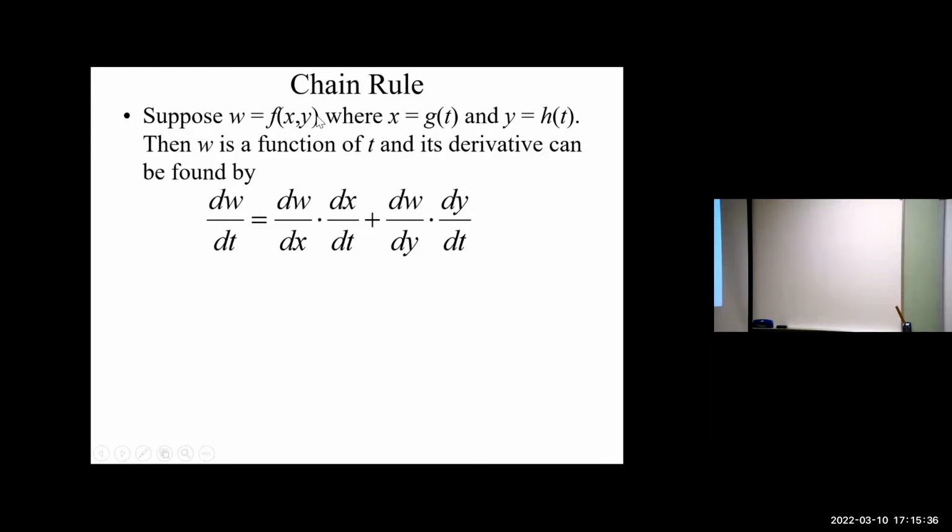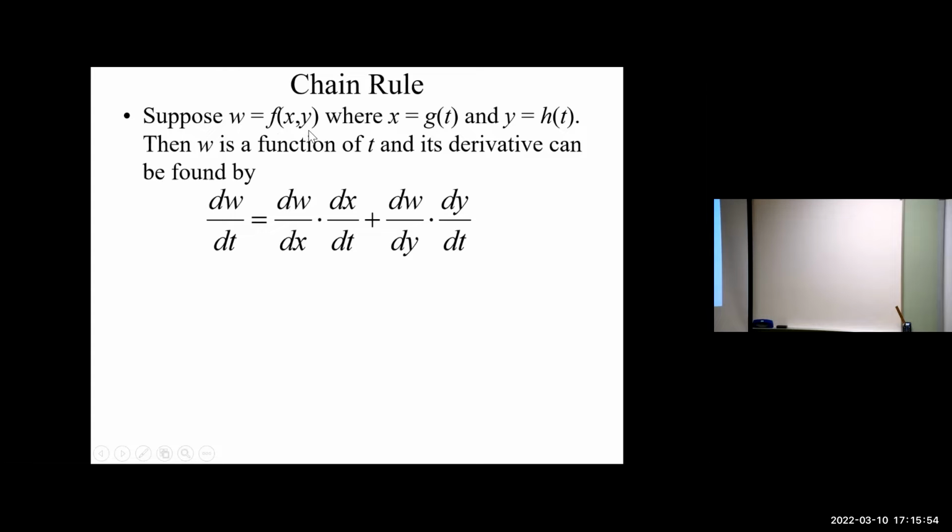So this would be a function of two variables, but those variables are functions of t, which means we want to take the derivative of w with respect to t. So basically, g of t and h of t are getting put in for x and y.